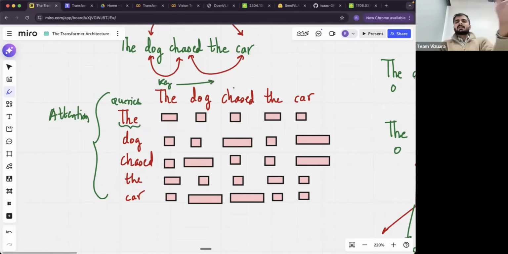You can remember this as: a query is something which is asking, how much are you related to me? And it is asking that query to the token which is called the key. So the attention matrix is formed from the queries and the keys.